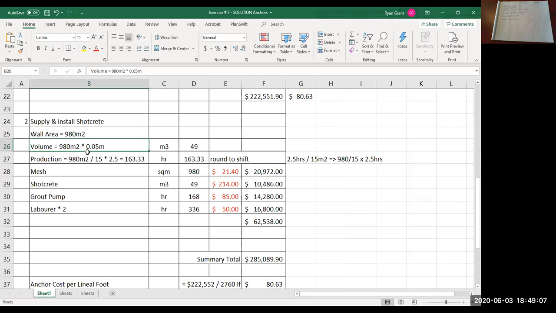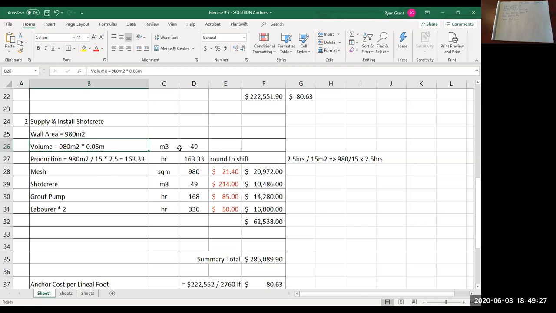In the question, you were told that you were going to spray on, I believe it said 50 millimeters. See if I can find that. Yes, your shotcrete team will install 15 square meters of wall every 2.5 hours at an average thickness of 50 millimeters.